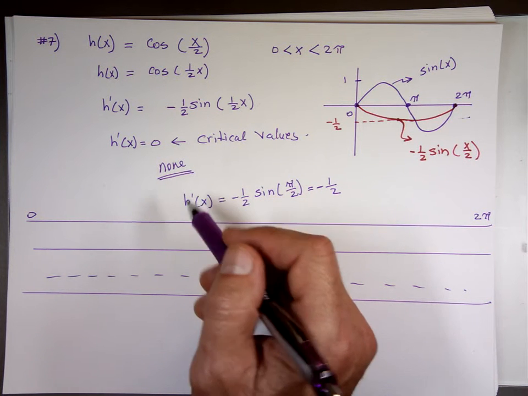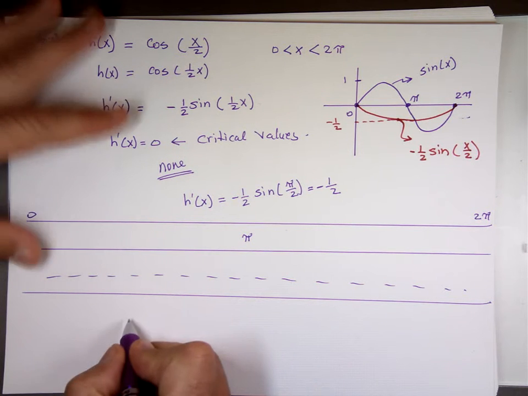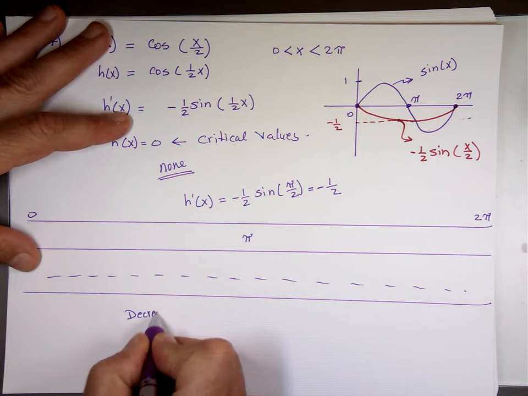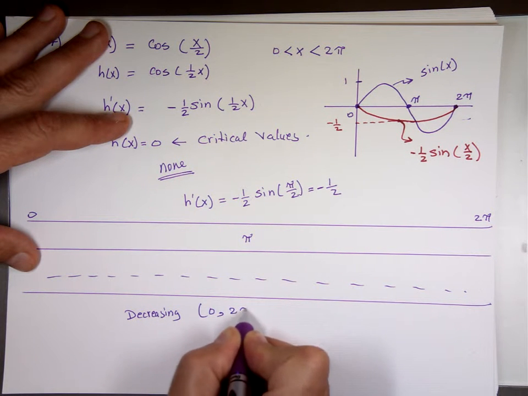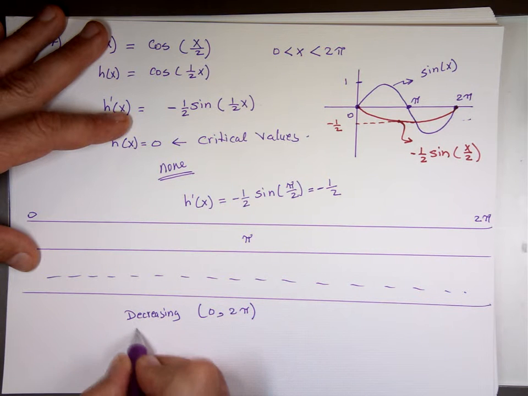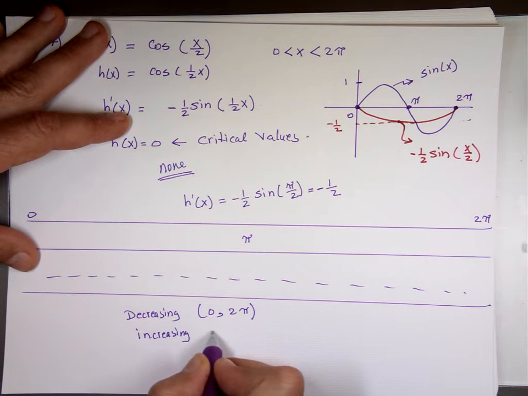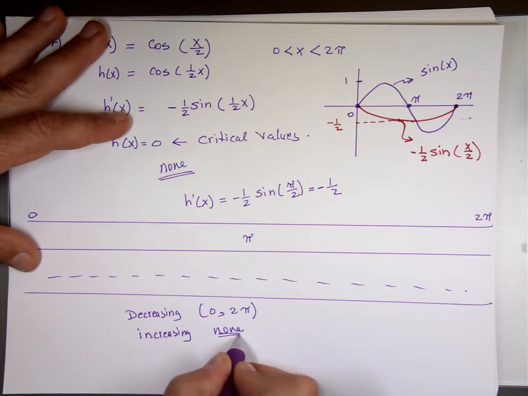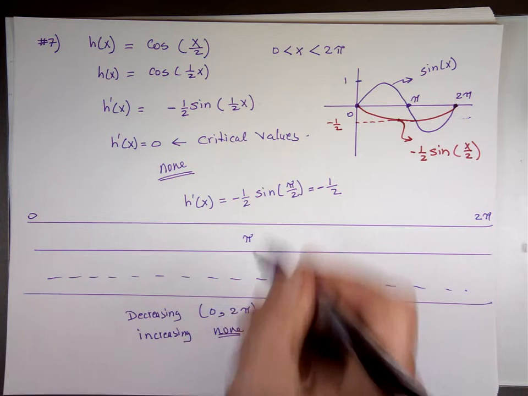Yep. So notice here, actually, the function is decreasing from 0 to 2 pi, increasing nowhere. I'm sorry, the derivative is negative, so it's decreasing.